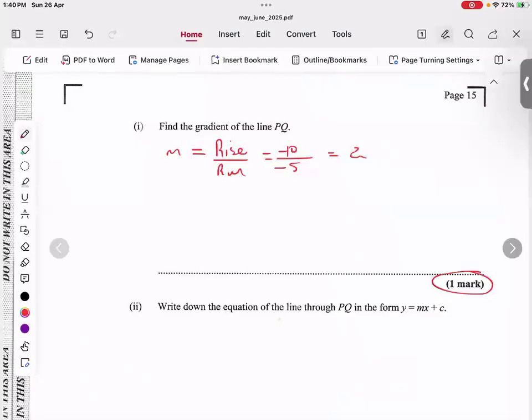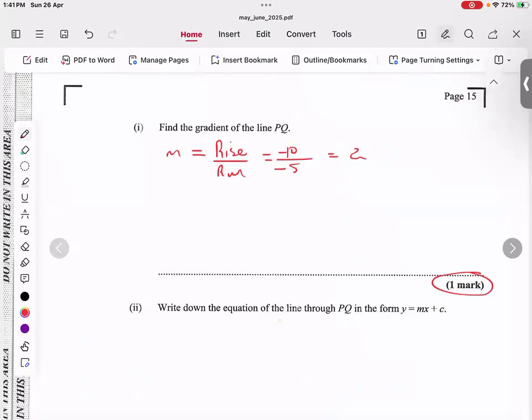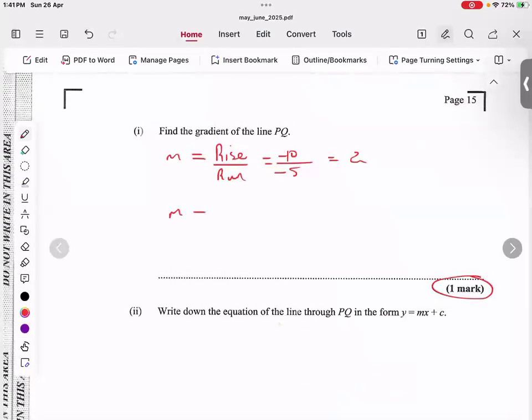So you see that y2 minus y1 over x2 minus x1. I normally just use that when they give me the points. So they might give you the points. You just use that formula. So you use the formula m equals y2 minus y1 over x2 minus x1.